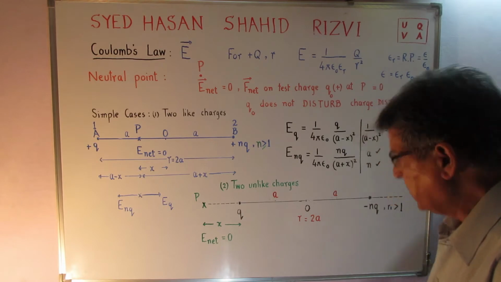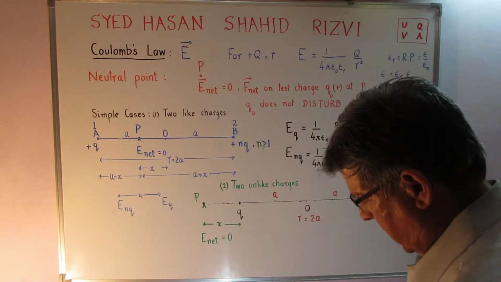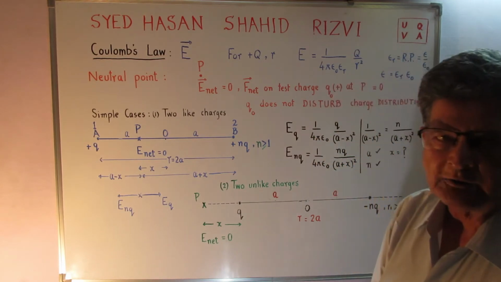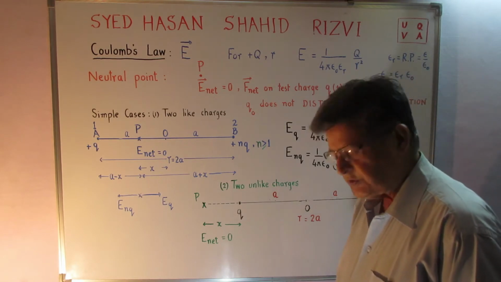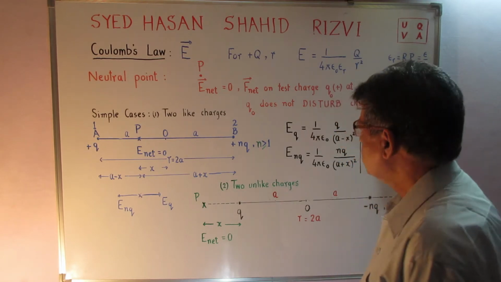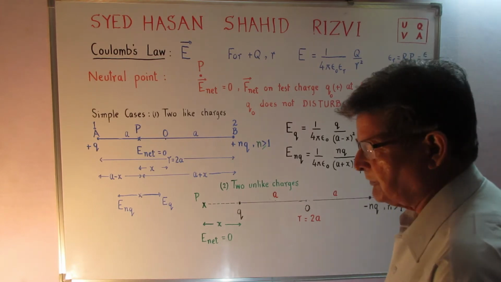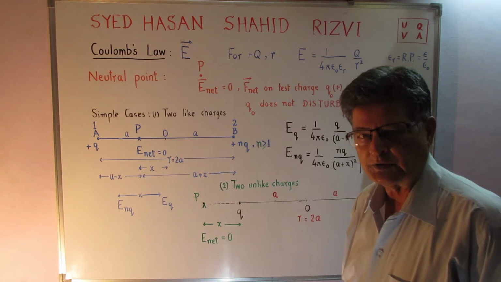Oh, a new thing, ε_r, I have introduced. ε_r is called relative permittivity, and it is a pure number because it is the ratio of the permittivity of a medium divided by the permittivity of free space.